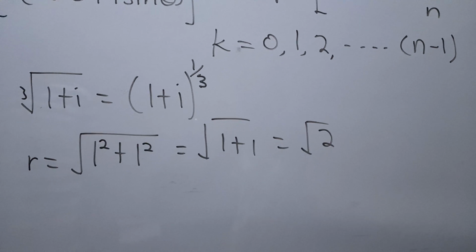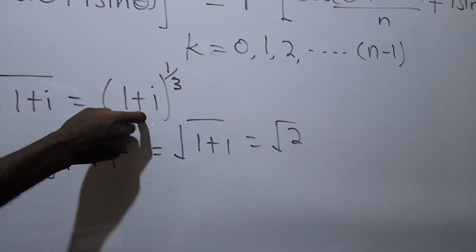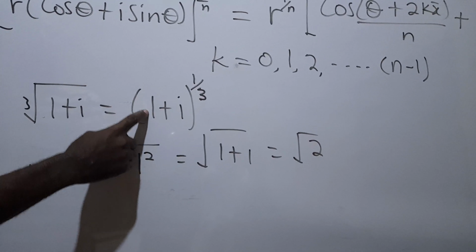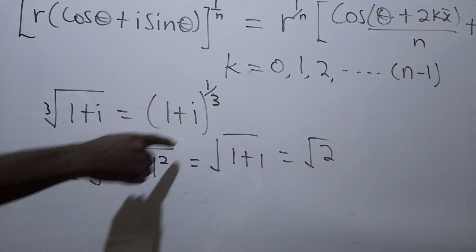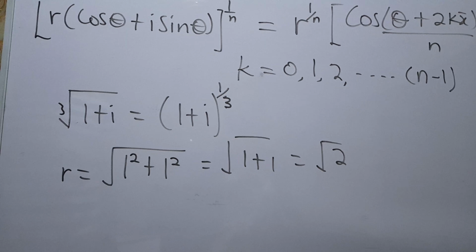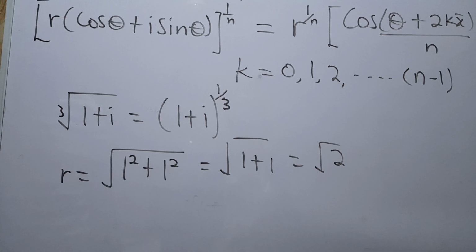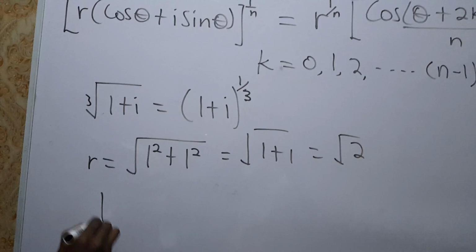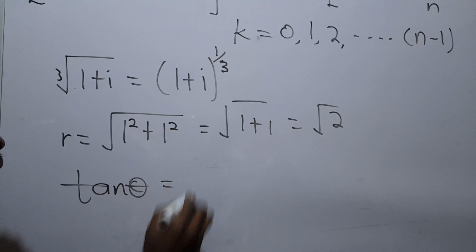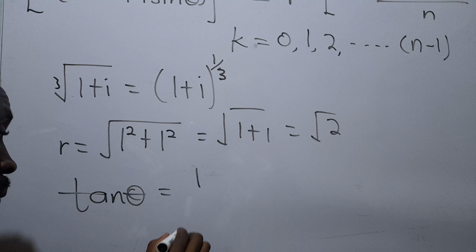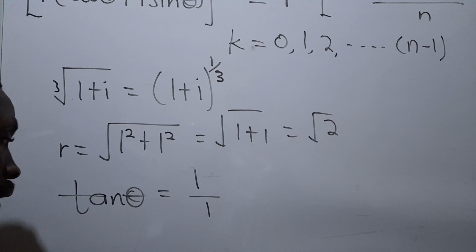Now we need to find the argument. You know that the real part, which is 1, is positive, and the coefficient of the imaginary part is also positive. It will be found in the first quadrant. So we can say that tan theta will be equal to the coefficient of the imaginary part over the real part.